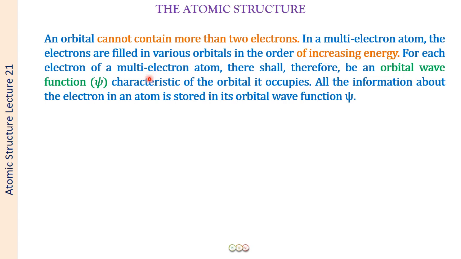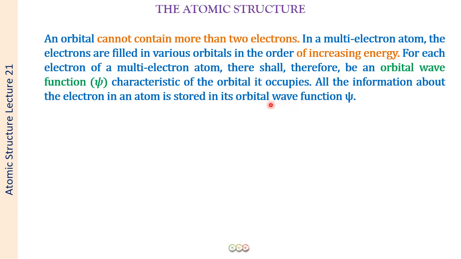For each electron of a multi-electron atom, there shall be an orbital wave function psi characteristic of the orbital it occupies. So specific values give us specific orbitals, and all the information about the electron in an atom is stored in the orbital wave function psi.